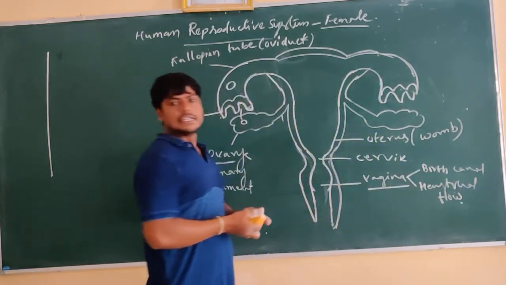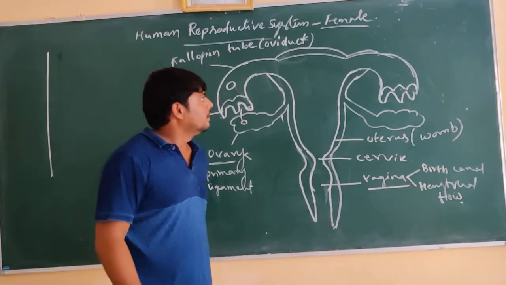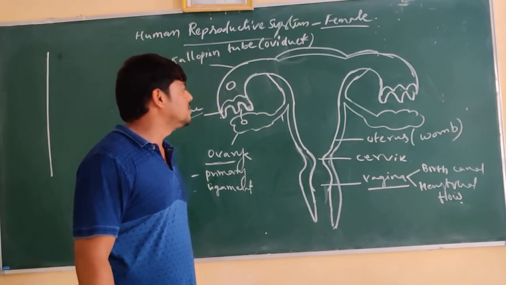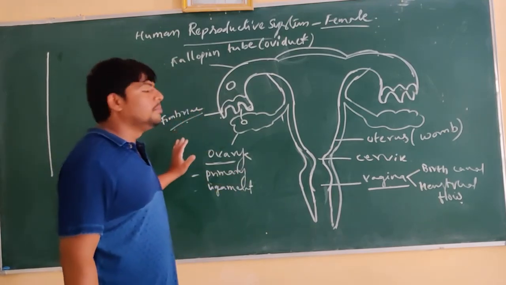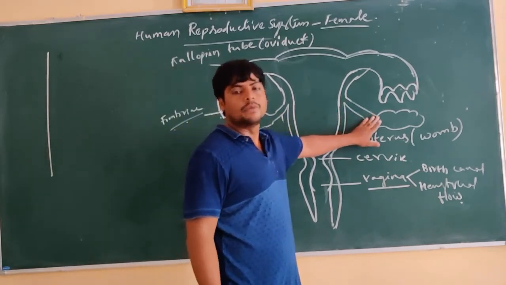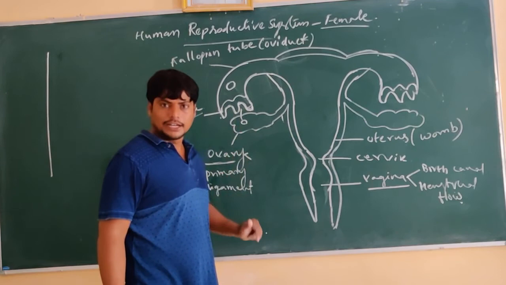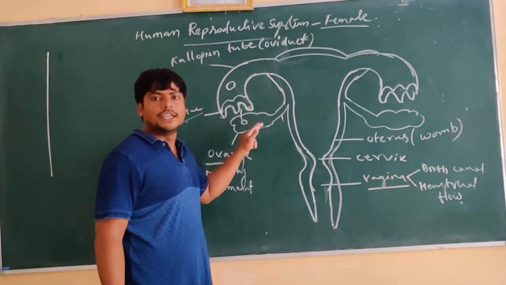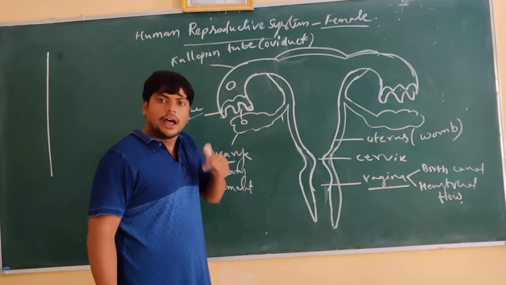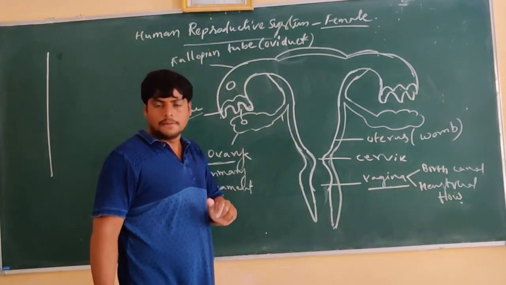So this is the female reproductive system. When compared to the male reproductive system, it is somewhat more complex in structure. The female reproductive system consists of a pair of almond-shaped ovaries, and they are the primary reproductive organs. They produce the female gamete called egg cell or ovum, and also secrete hormones like estrogen and progesterone.